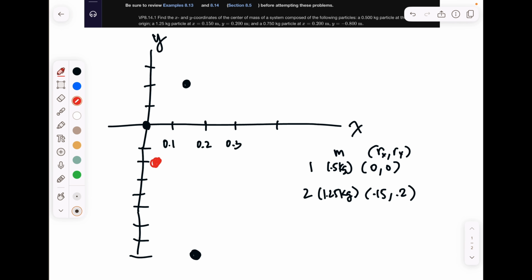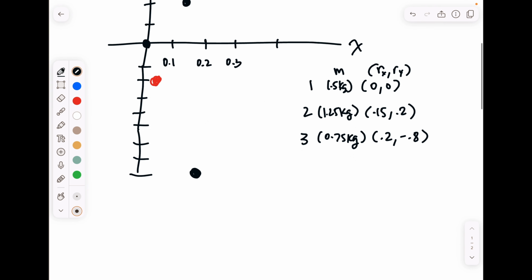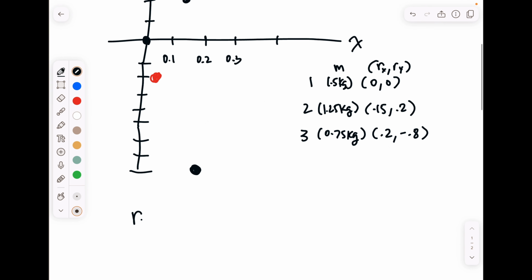So let's write down our third. He was 0.75 kilograms, and his coordinates were over 0.2, down 0.8. So we're going to find the center of mass of this system. There are some equations for center of mass, right?